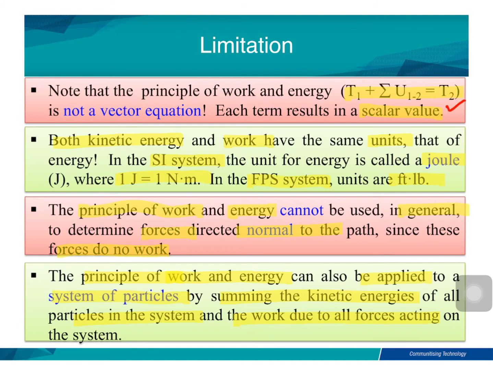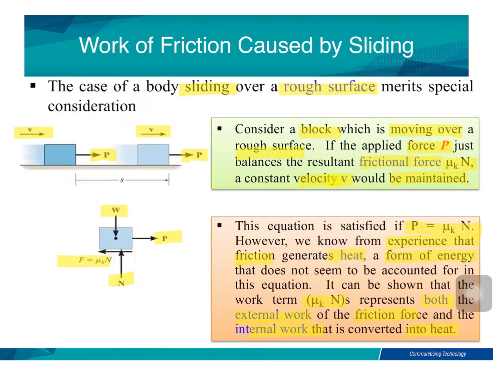The principle of work and energy cannot be used in general to determine the force directed normal to the path, since that force does no work. The principle of work and energy can also be applied to a system of particles by summing the kinetic energy of the particles in the system and all the work done on the system.